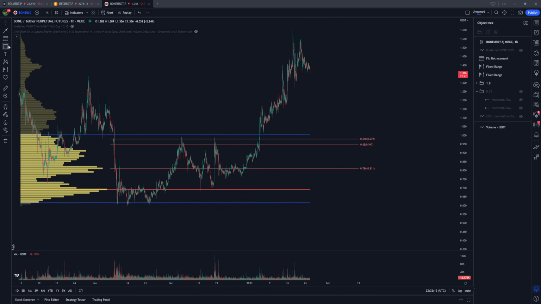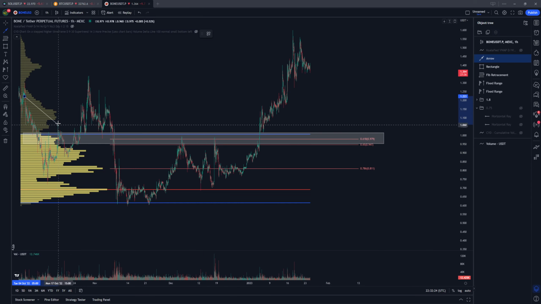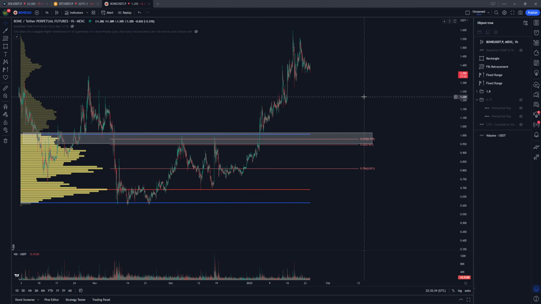But what I see here is there's a very, very clear SR flip in this area, right in this zone. You can see that price comes through, comes back up, tests it as resistance, finally gets through, tests it as support, back to resistance, resistance, resistance, moves through, support. So this is going to be really a key zone to look at for an area of support.